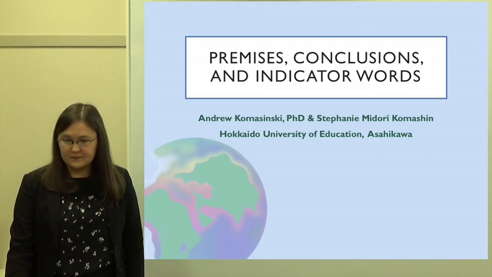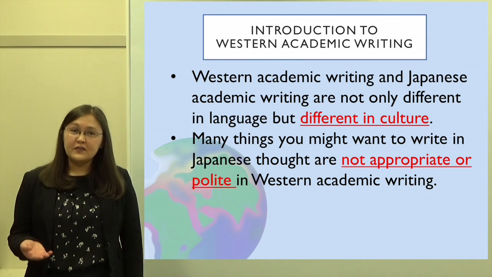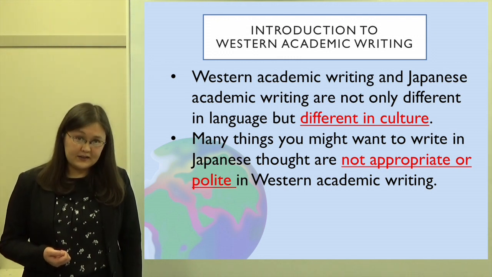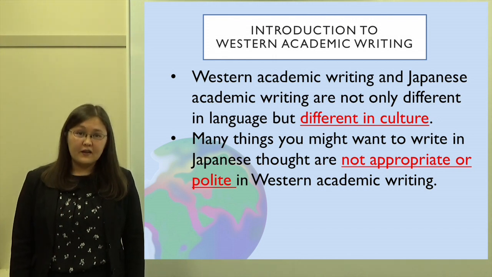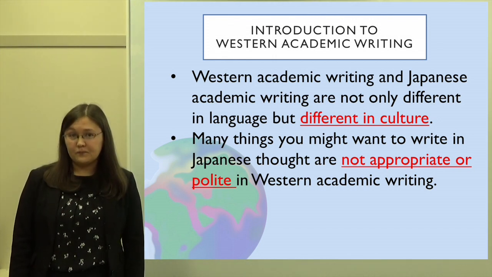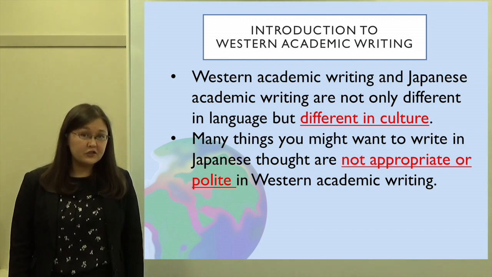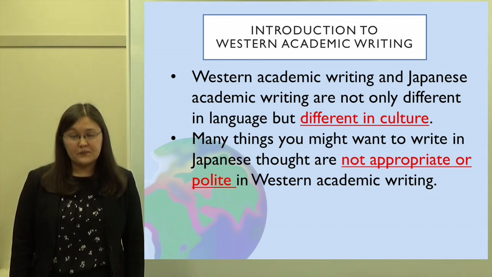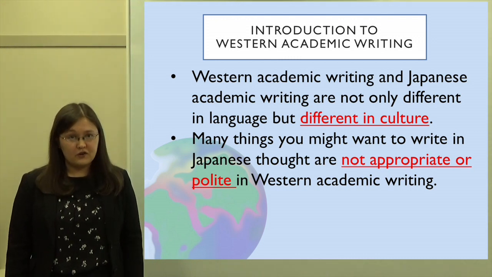So let's get started. First of all, you might need to know that Western academic writing is different from Japanese or other cultures' academic writing. It's also different from writing in casual English for other uses. Western academic style is different from other English writing.